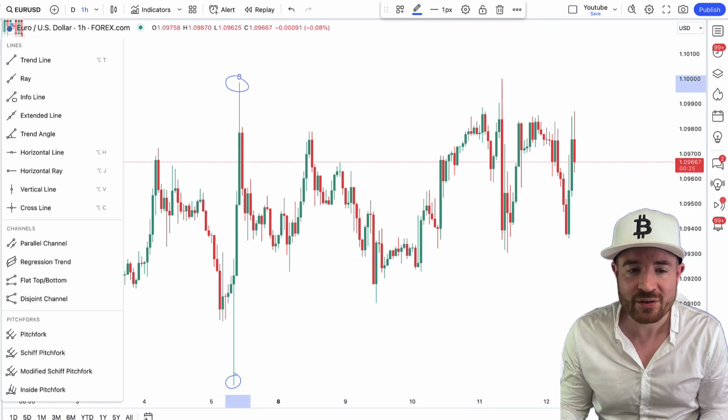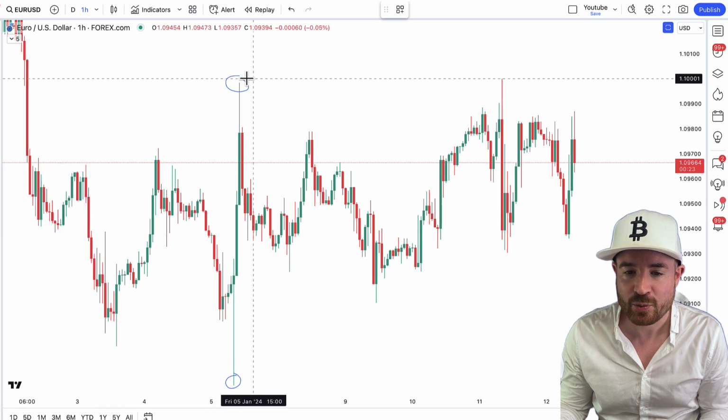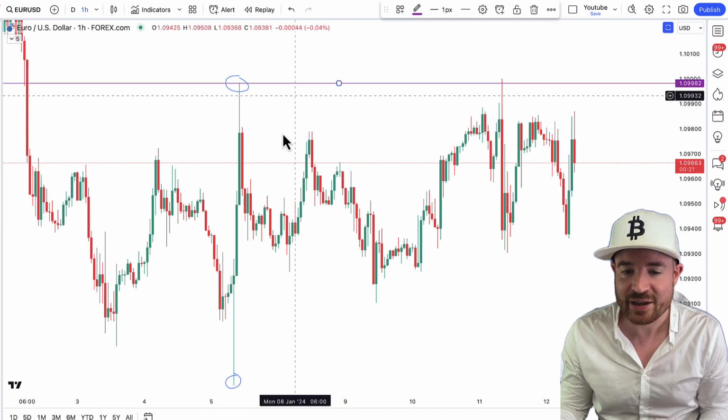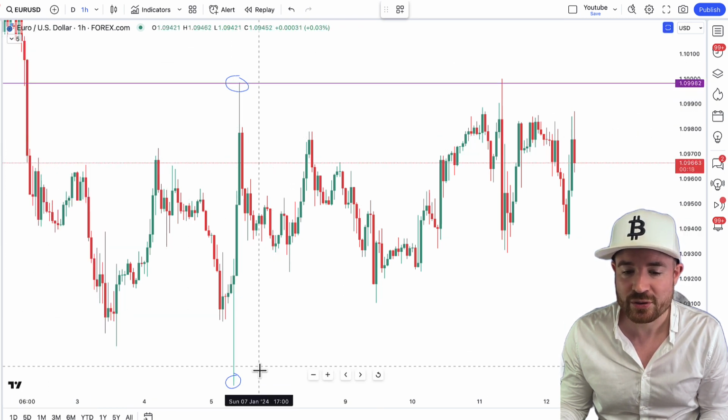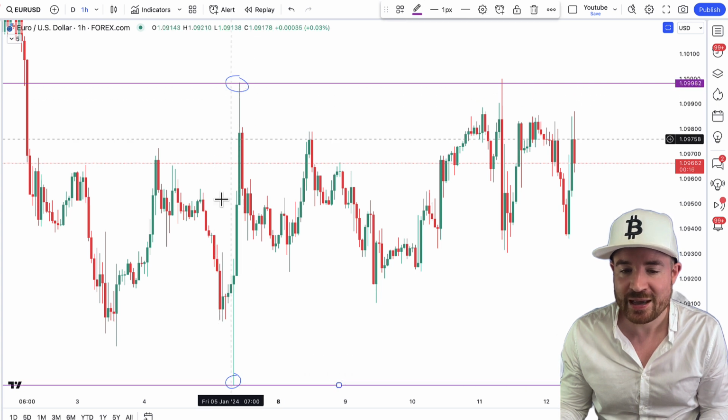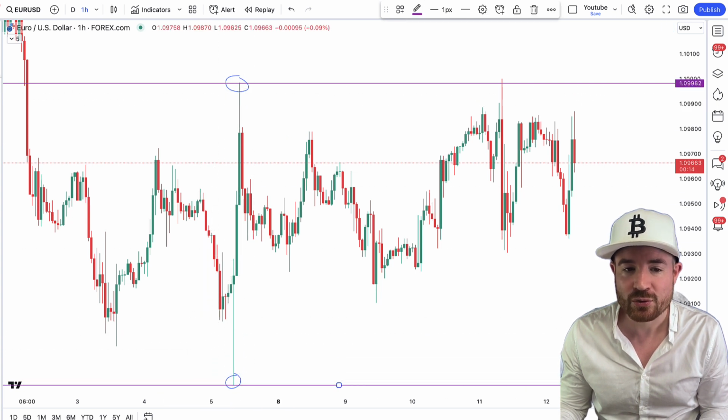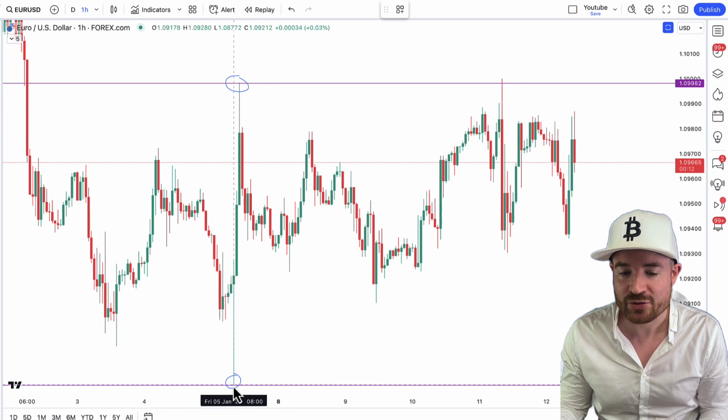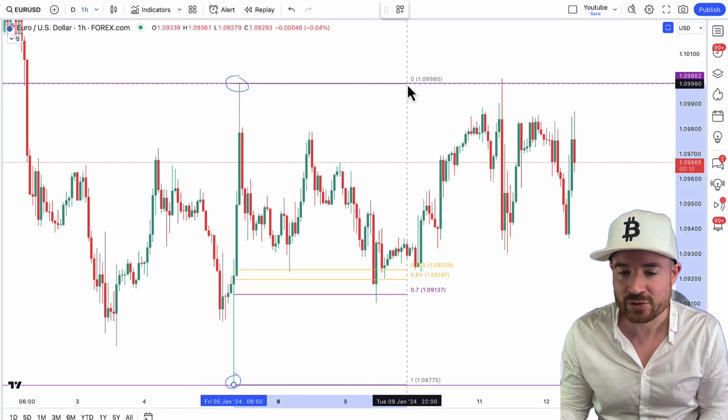Okay, so a point of interest is basically at this point. We have the high over here, we have the low. This is how I would approach it, and after this move, I would also look for adding the Fibonacci retracement from wick low to wick high.